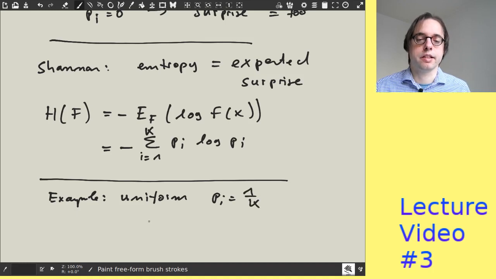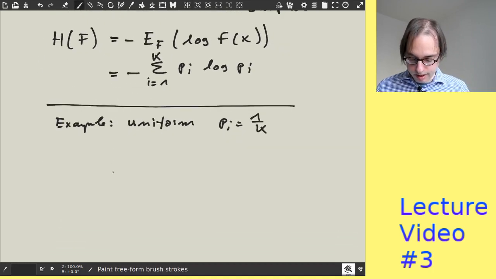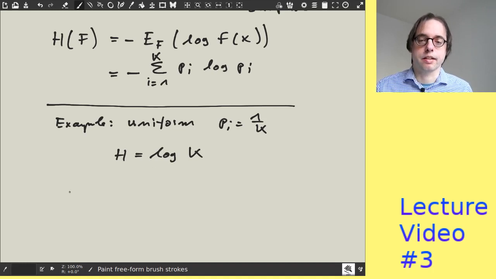So all the individual events have the same probability. And then it's clear that the Shannon entropy becomes log k. So that's just the entropy for the uniform distribution.